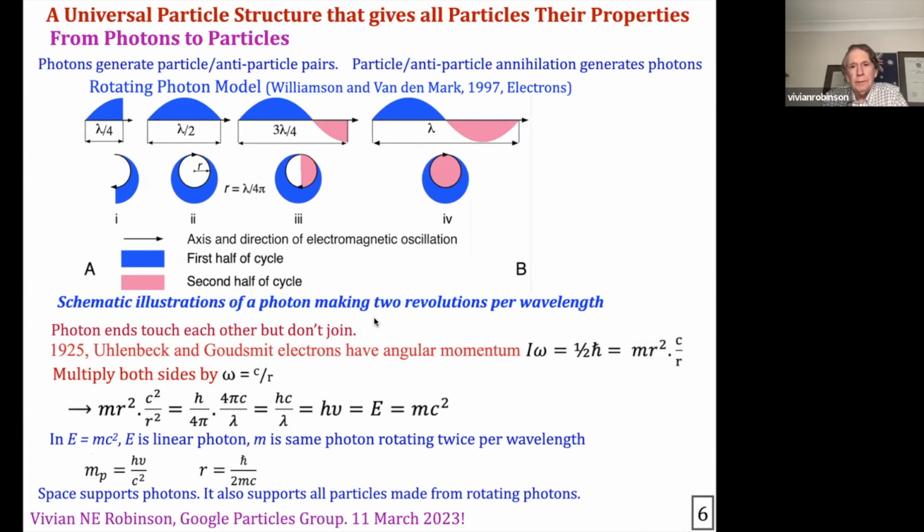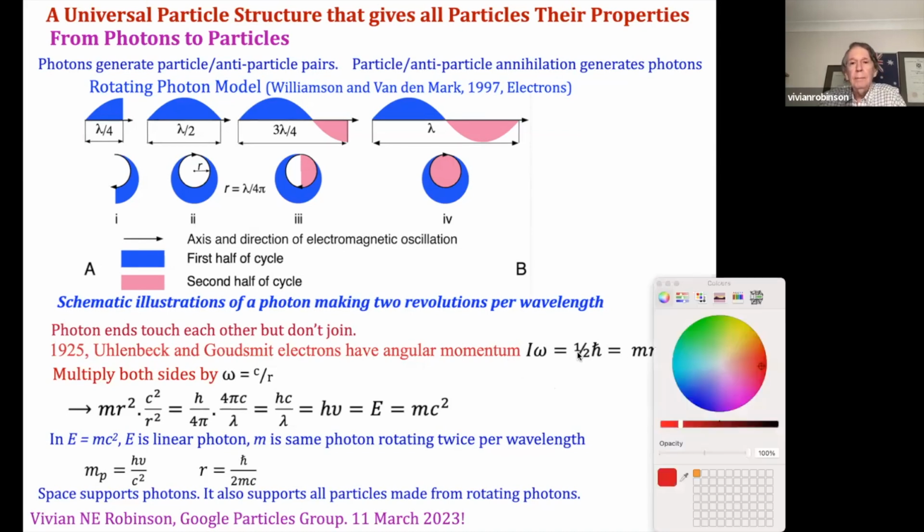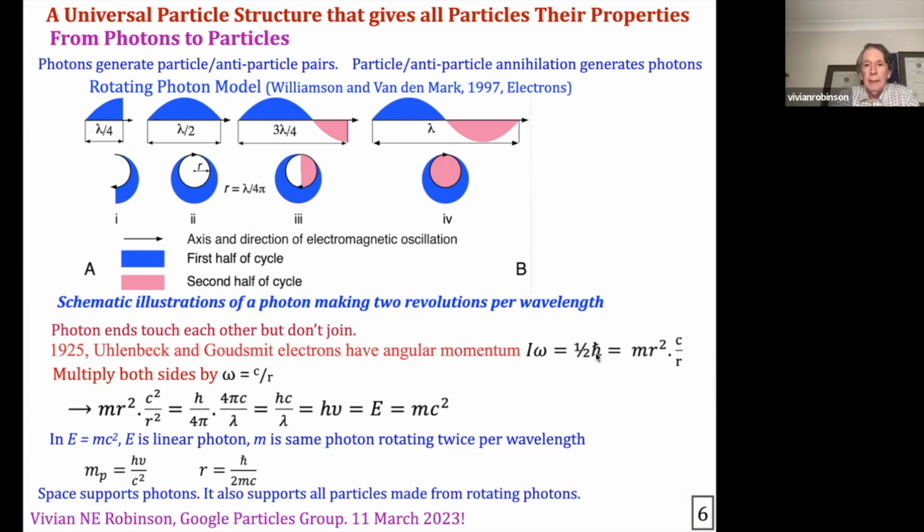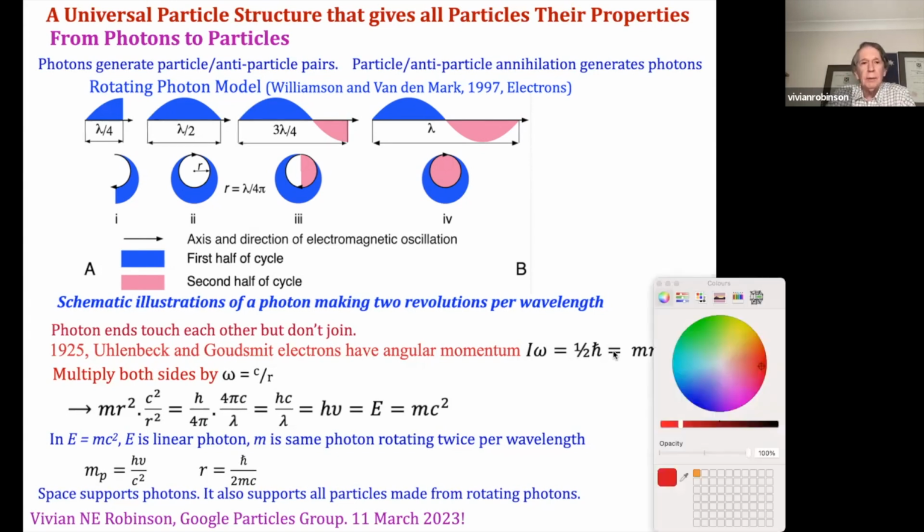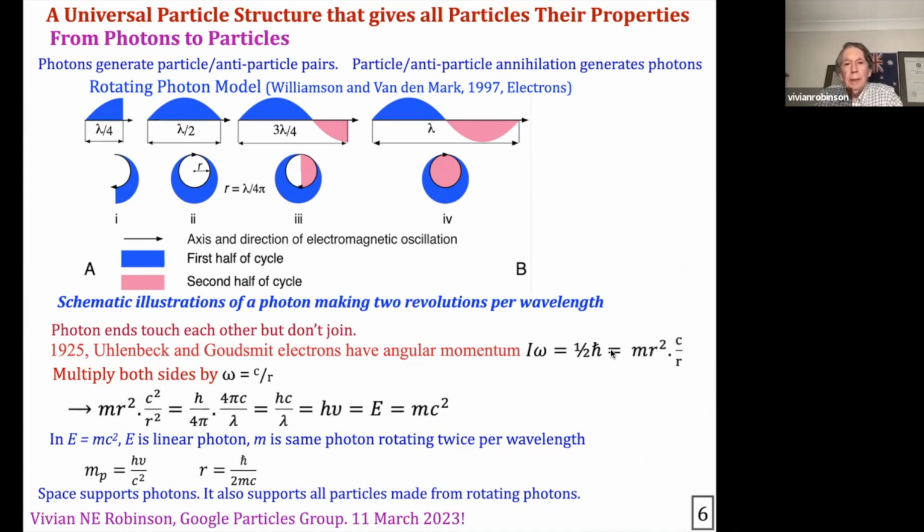Now, to show the usefulness of this model, we'll use the fact that in 1925, Uhlenbeck and Goudsmit discovered that electrons had an angular momentum of I omega equals half h bar. Now, in a hoop situation, I is mass times r squared, and omega is c over r, because the photon at the axis of the hoop is always traveling at c.